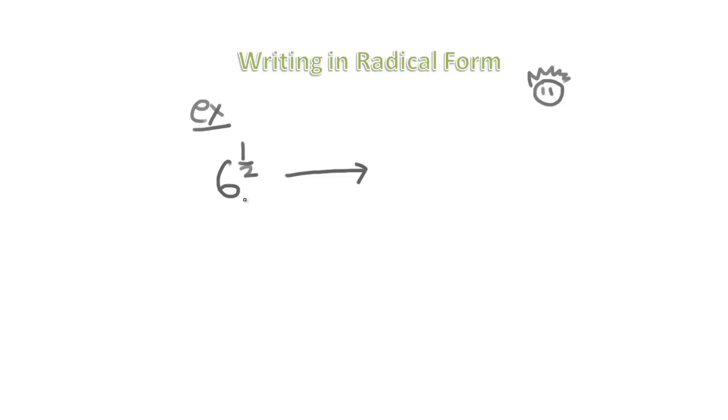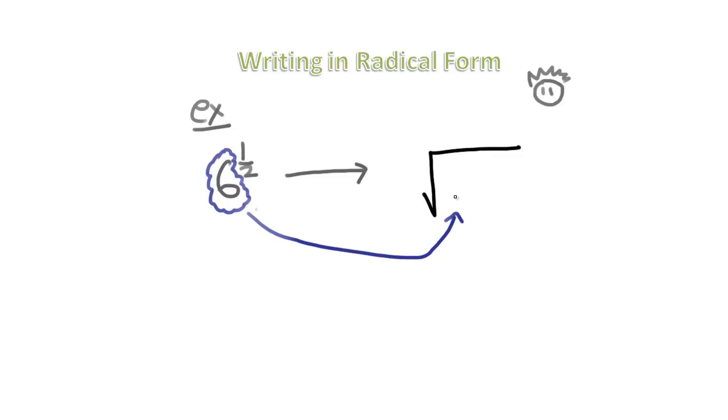The radicand in this case will be the 6. So let's make our radical. There it is. So that 6 will go in here. If it's 6 to the 1/2, it's going to be the square root.